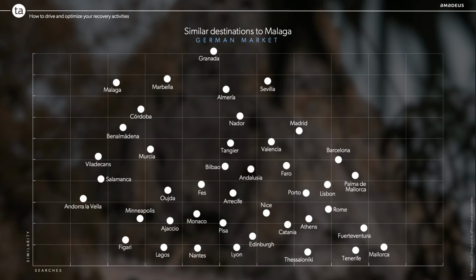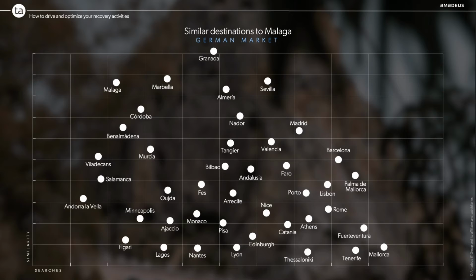These insights give us the opportunity to build a picture of similar destinations from a certain market, in this case the German one, and we would like to emphasize that there is a general decrease in the search volume globally. So this current similarity scale does look slightly different than it would have before the COVID-19 pandemic.